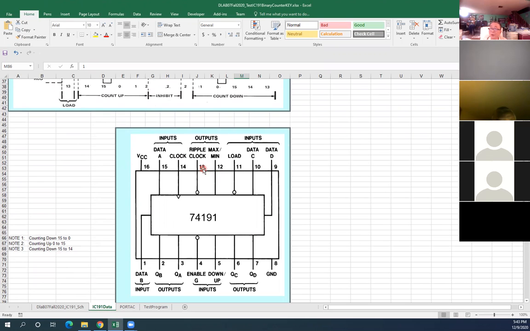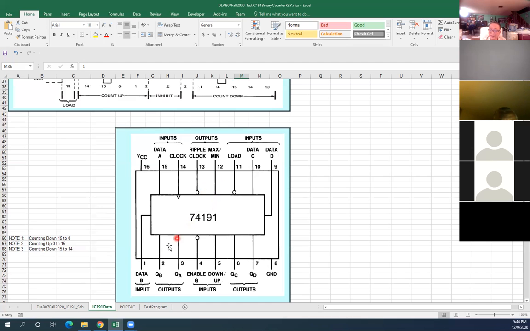And output ripple clock is 13. Okay, now output 12, active high or active low? Active high. Very good. You can see no bubble. Active high means normally what logic? Low.